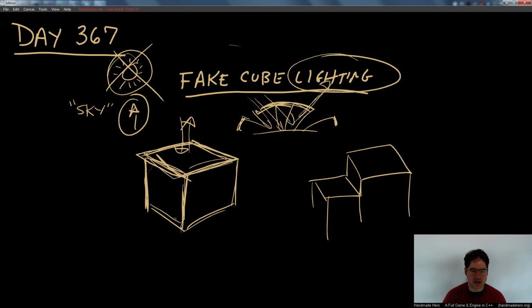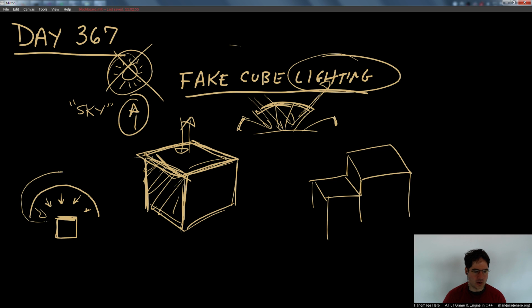Meanwhile, the sides are going to get less because any given side can only see one part of that hemisphere, right? If you imagine looking at the cube like this, and here's my hemisphere radiating light down onto it, my sky, right? Well, this top surface can see the whole sky. It can see everything.